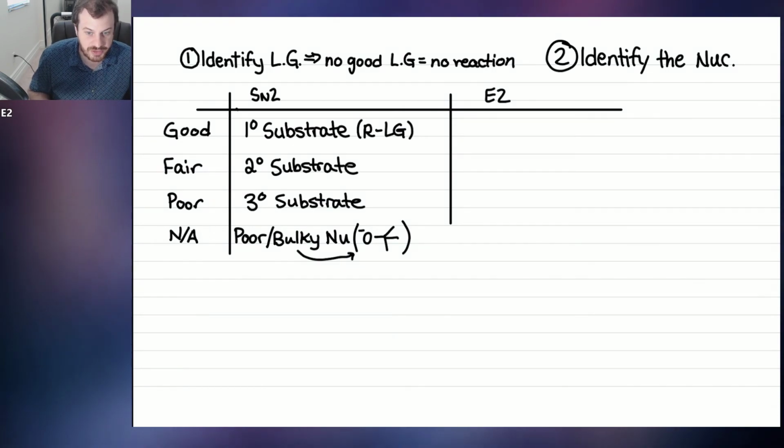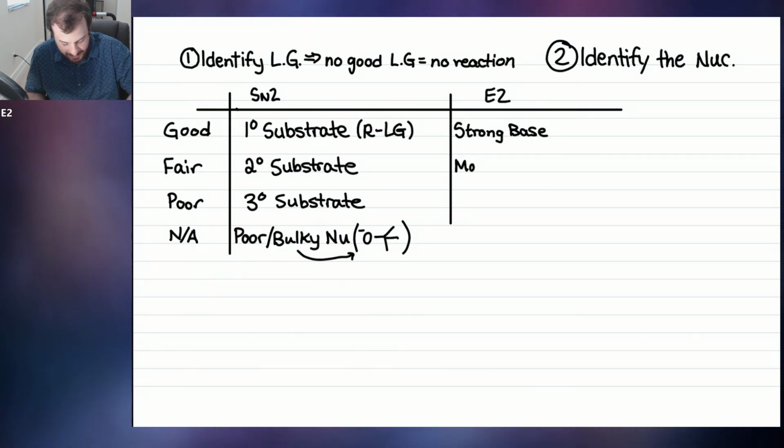Now for the E2 column, that's going to be based on the base strength. So if we have a strong base, the E2 column is said to be good. And if you have a moderate base, it's said to be fair. And if you have a weak base, it's said to be poor. And what about NA?